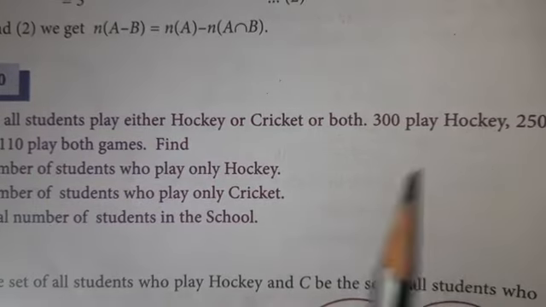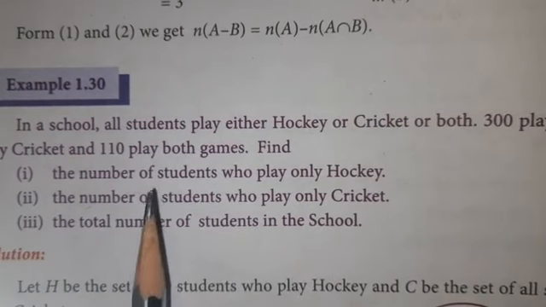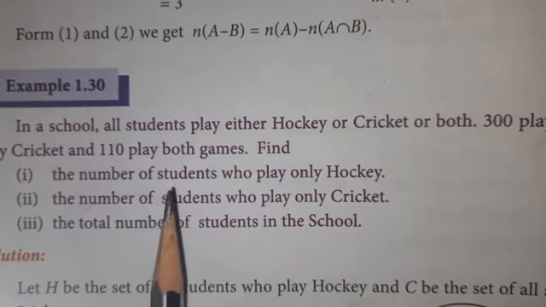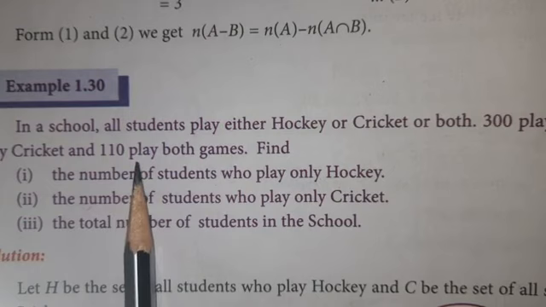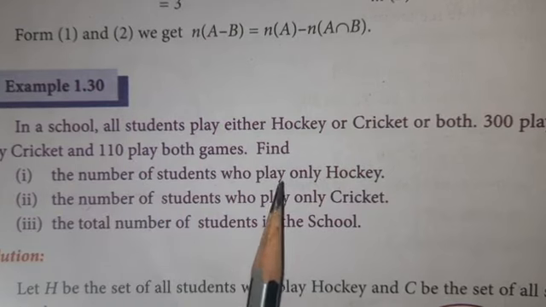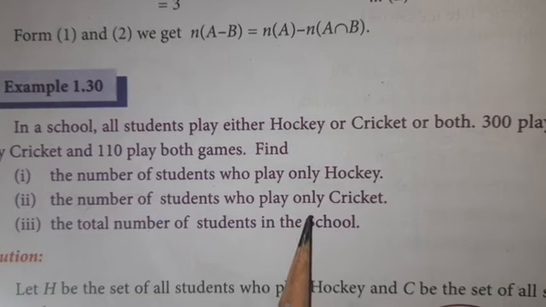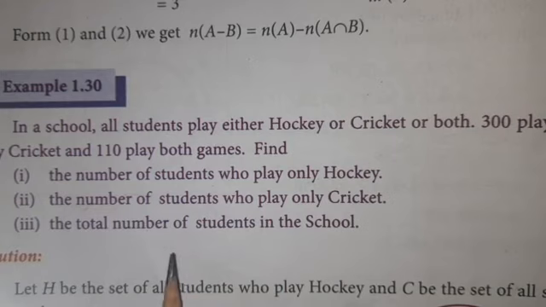Next, the number of students who play cricket is 250. For both games, that means hockey and cricket, the number of students playing is 110. Our question is to find the number of students who play only hockey, that means those who play only hockey. The second question is only cricket. Next is the total number of students in the school.